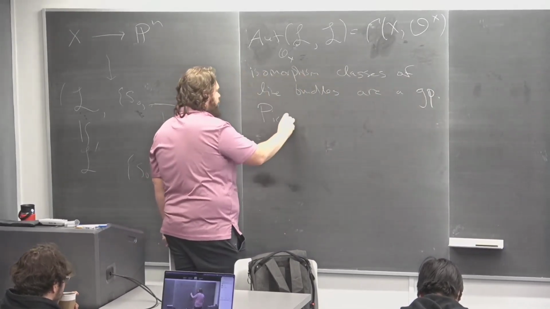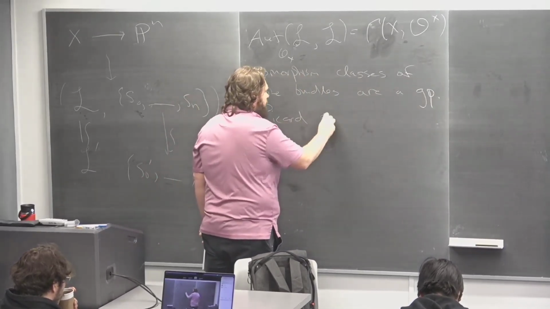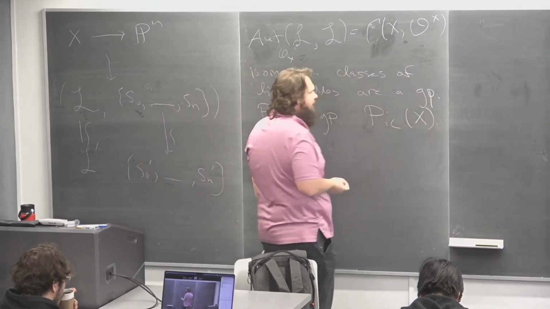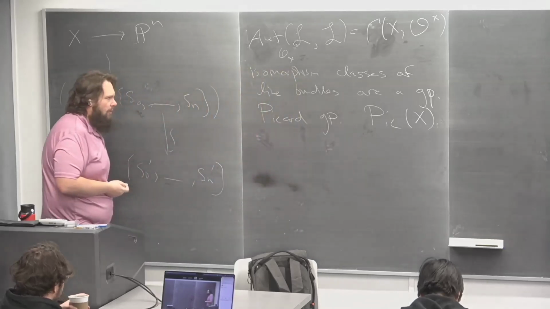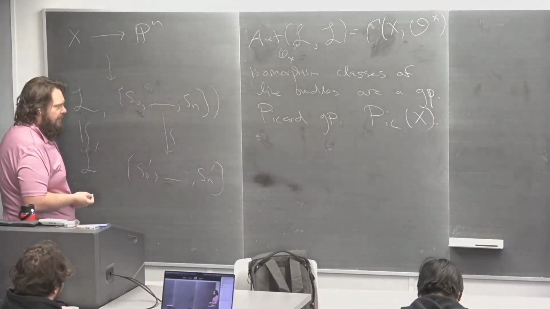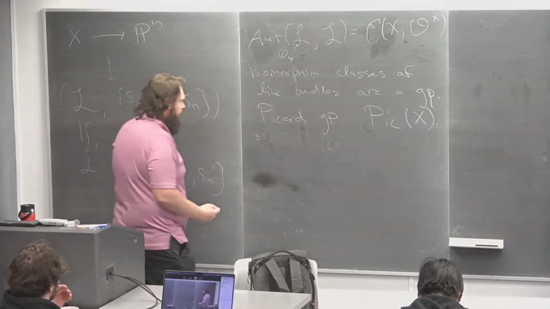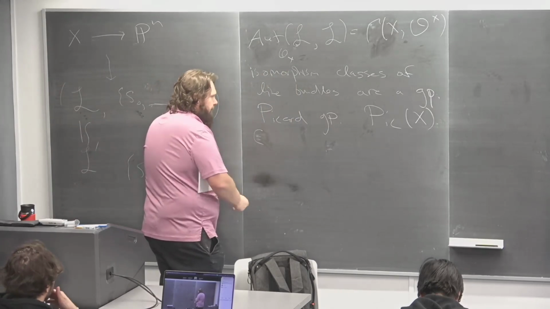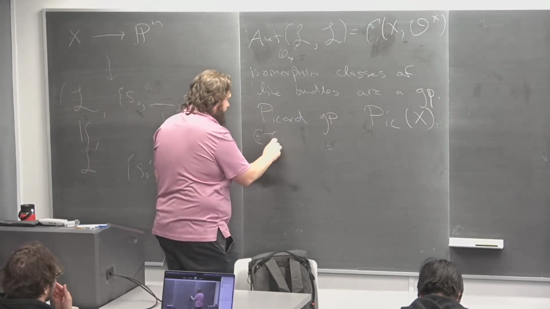This group is called the Picard group, generally denoted Pic of X. This is a really, really important invariant of the scheme X. And the multiplication in this group is tensor product of line bundles.